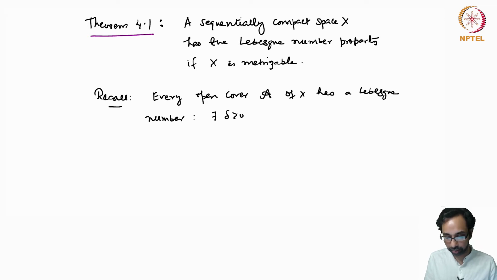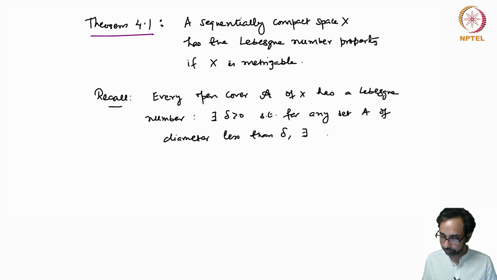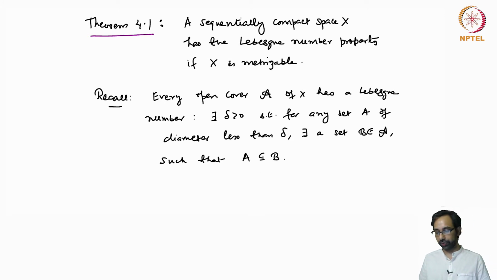This means that there exists a delta greater than 0 such that for any set A of diameter less than delta, there exists a set B in this open cover such that A is a subset of this open set B. So we gave two different formulations of this Lebesgue number. One was using metric balls and one was using sets of diameters less than some threshold number delta. And so we are going to use the second one with the diameters.